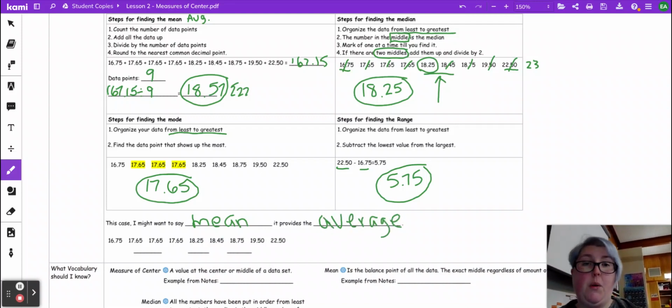Could we also use the median? The median would also make sense because that is the center point of our data. That's not saying the average wage; that's saying that out of all of these wages, $18.25 is our middle point.